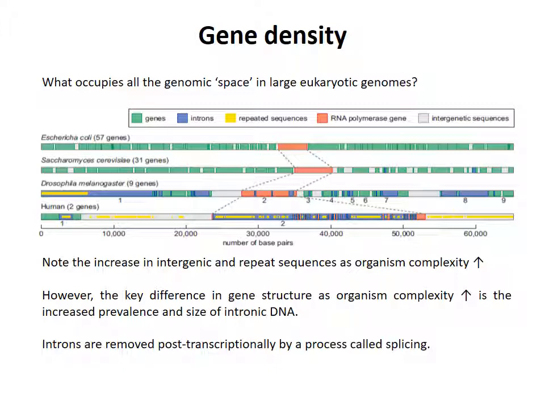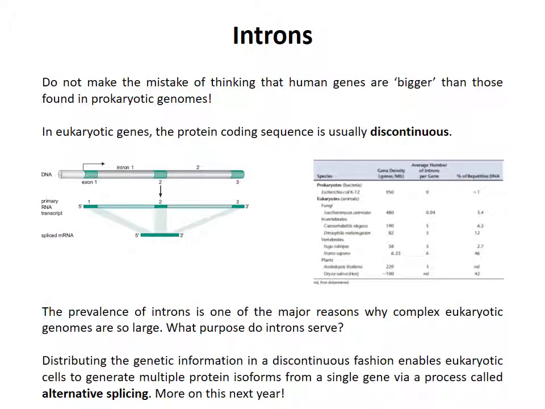So there's a very strong correlation, as we've said, between organism complexity and low gene density, and there's also actually a really strong correlation between organism complexity and the size and the amount of intronic DNA present within those genomes. So it looks on that previous picture as though eukaryotic, or if you like, human genes are much larger than prokaryotic genes or the genes of simple eukaryotes, and that's quite frankly just not true.